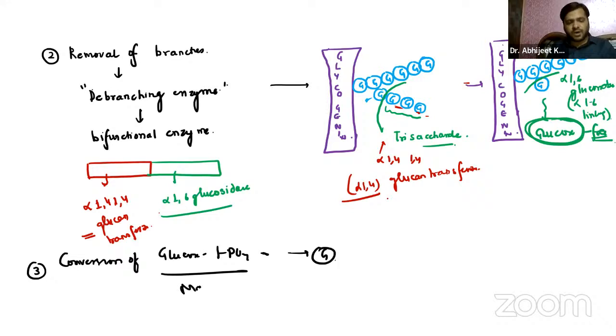It is the major product, guys. And obviously, the phosphate group is removed. Glucose phosphatase will be used to remove the phosphate group, right? So remember, guys.